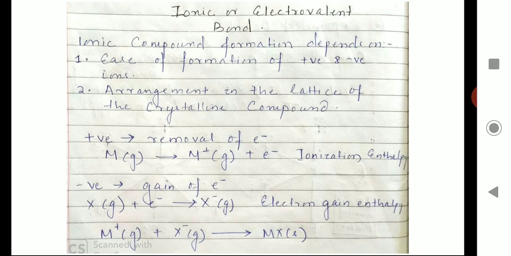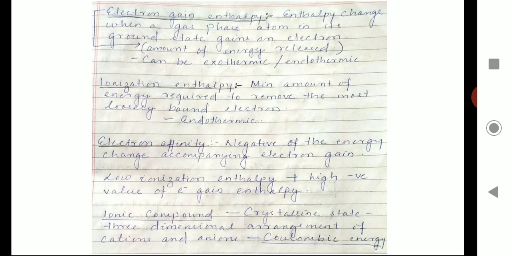Finally, when we get M plus and X minus in the gaseous state, they form one unit with an ionic bond in the solid state. Here we will now talk about the energies, which we have written as enthalpy. Enthalpy is a form of energy. Electron gain enthalpy is the amount of energy released when a gas phase atom in its ground state attains one more electron.